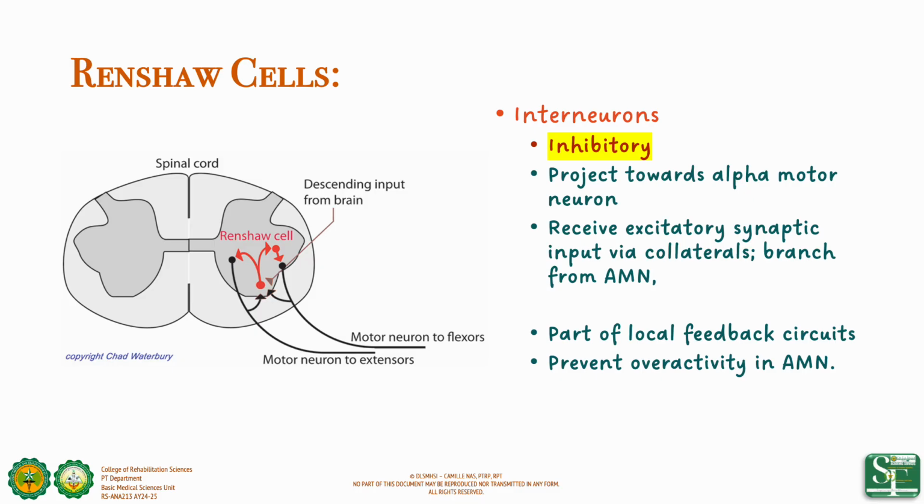So, interneuron, this is inhibitory. So, kapag may stretch, ma-activate siya kasi ayaw niya yon, i-inhibit niya. It projects towards alpha motor neuron, specifically producing contraction. So, receives excitatory synaptic input via collaterals, branch from anterior motor neurons, and this is part of local feedback circuits that prevents overactivity in anterior motor neuron.